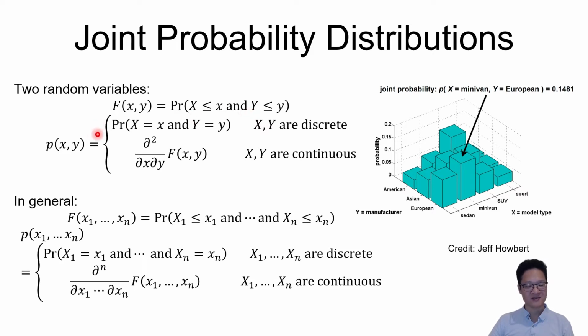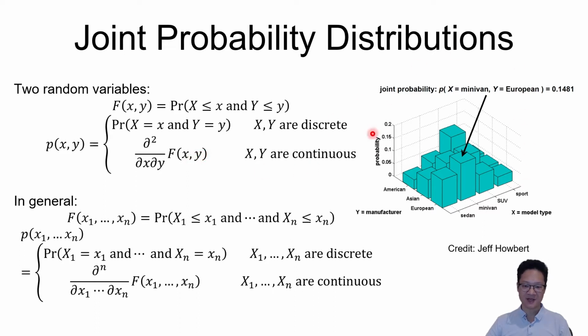In the discrete case, the PMF of x, y means the probability that X equals little x and Y equals little y. For the continuous case, it's a little bit more mathematical. It's just going to be the second partial derivative with respect to x and y of the CDF.